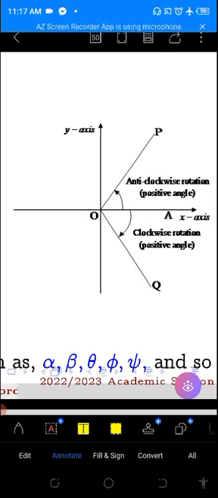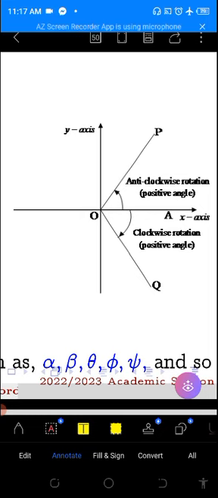So here the angle is positive if it is in the anti-clockwise direction. That's the angle OP. The line OP makes an angle with the line OA. That is a positive x-axis. So that angle that makes with an arrow we can see here is a positive angle because it is in anti-clockwise direction.